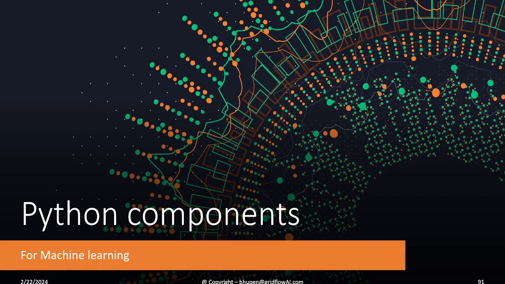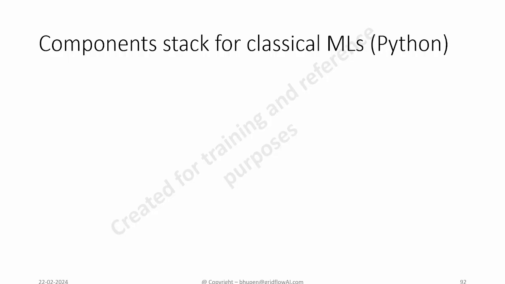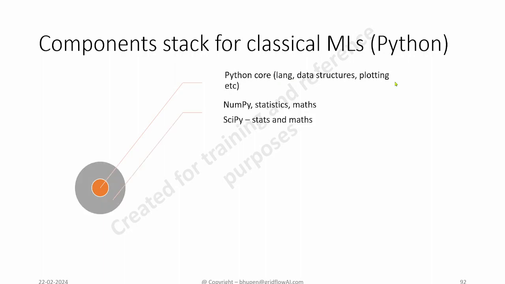So, some Python components for machine learning that we will use in our next videos. I just listed some of these here: the Python core, like language, data structures, and some of the plotting abilities, and then NumPy and SciPy for statistics and mathematics. Both NumPy and SciPy are used for numbers and mathematics, but SciPy is advanced mathematics.